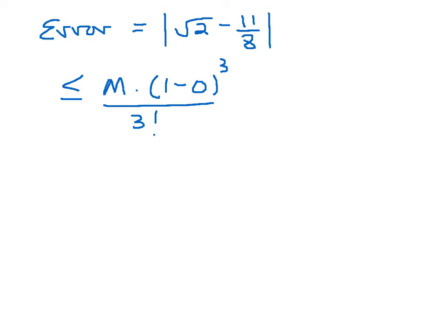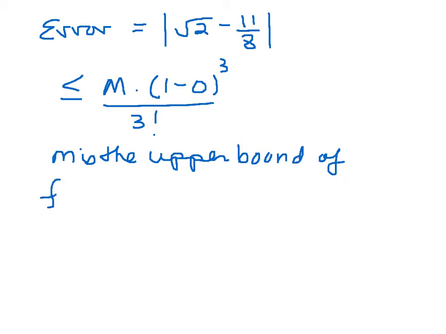And m is the upper bound, or the maximum value, of the third derivative of x, which is 3/8 times 1 plus x to the minus 5/2 on the interval 0 to 1.